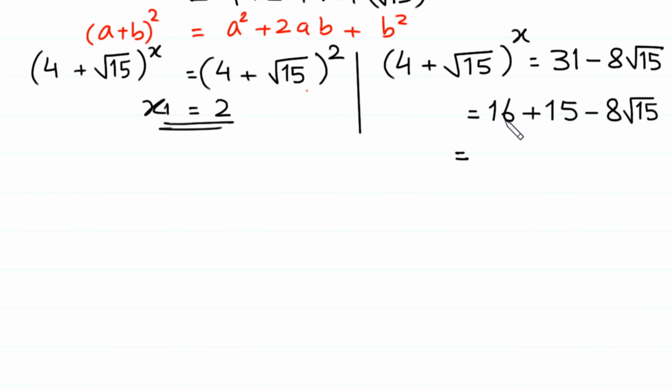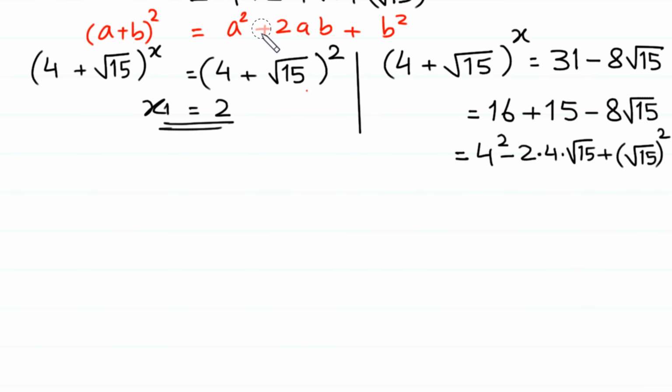Next, we can write this 16 as 4 square, and we can write this 15 as square root of 15 square, and this minus 8 times square root of 15 can be written as minus 2 times 4 times square root of 15.